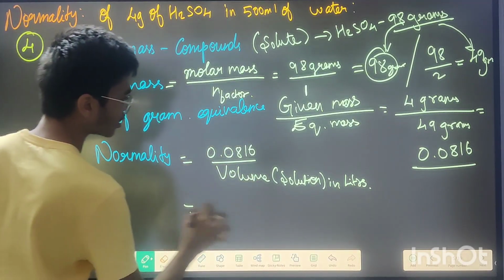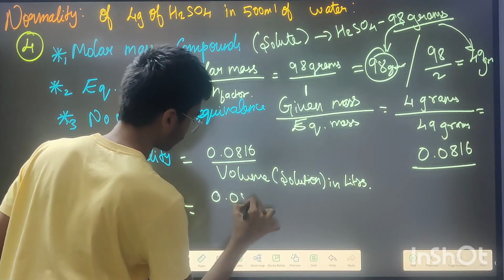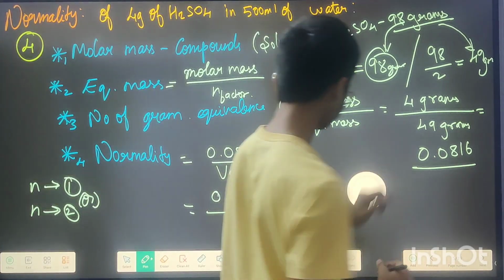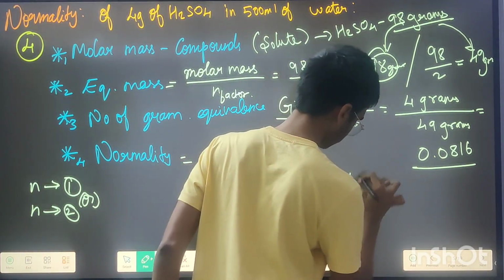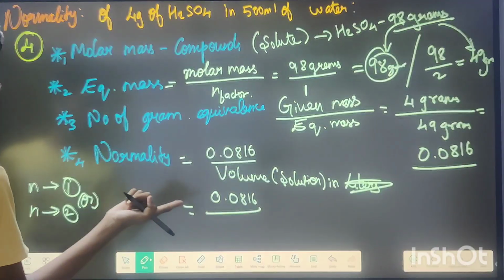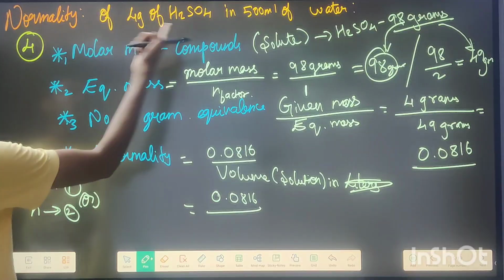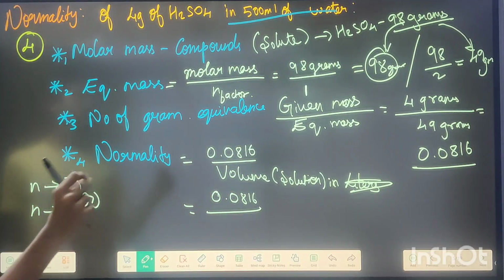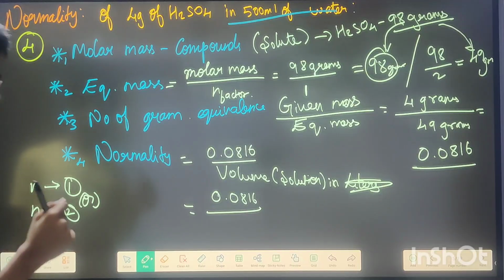That is not the correct spelling, I know. So 0.0816 whole divided by, in terms of liters. So in terms of liters, that means volume. See, volume is 500 ml of water, right? So here just add 500 ml like that itself.